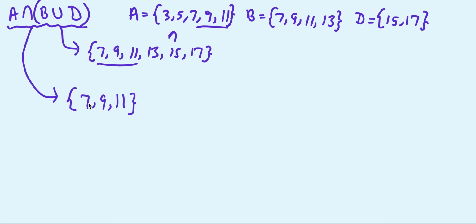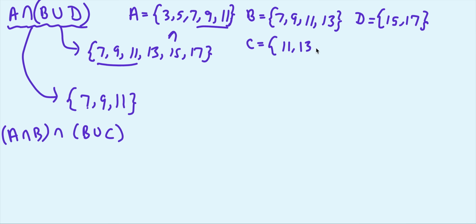Next one says A intersecting B, which is in parentheses, and intersecting B union C. Okay, so now we need to know what set C is. So for this, it will be 11, 13, and 15.